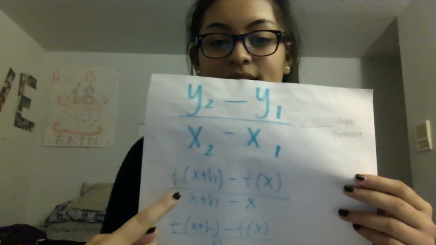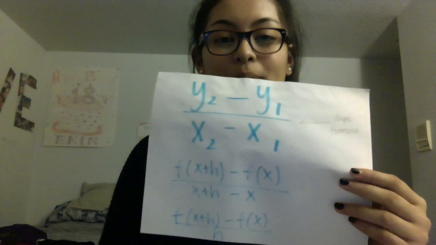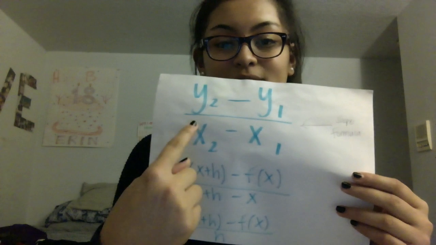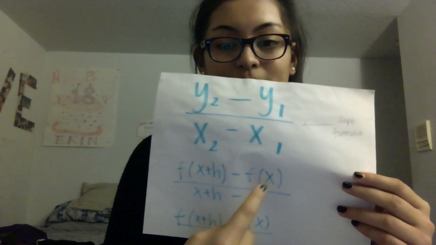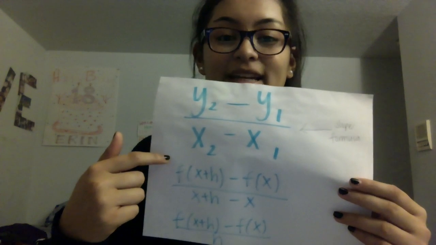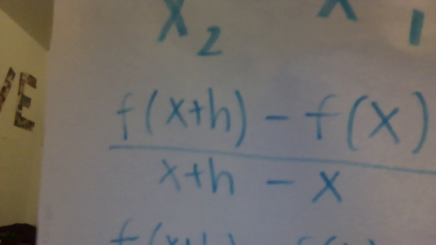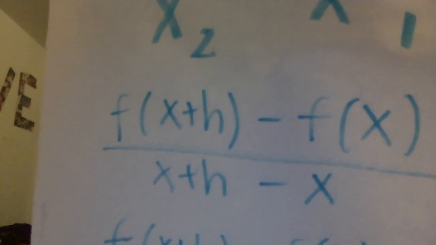And as you can see, the f of x plus h, which was our second y point, will go right there in place of the y2. And the first y point will be our regular function. On the bottom of that will be x plus h, which was our second x point, and x, which was our original x point. So you end up with this, but obviously you can cancel some things out, so I'm going to go ahead and do that for you right now.